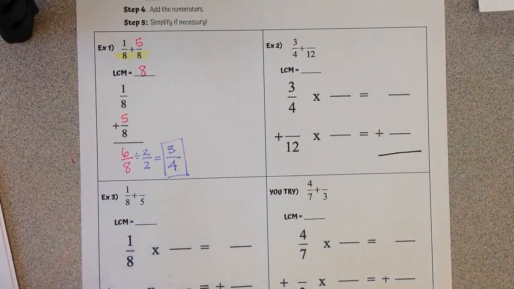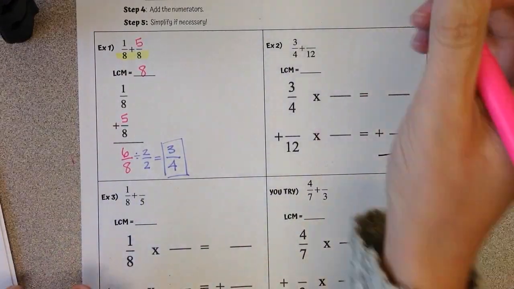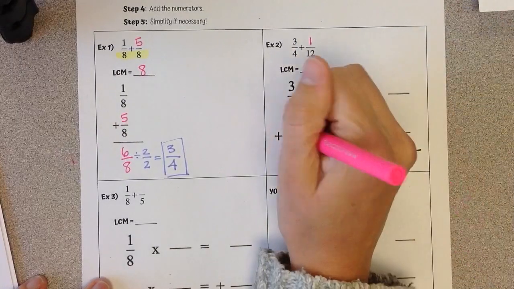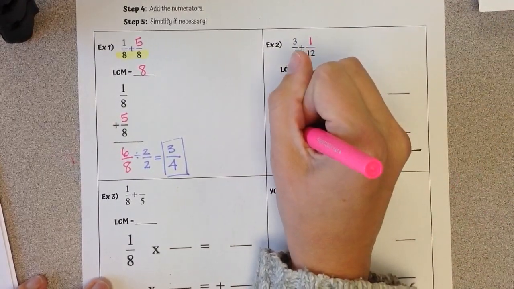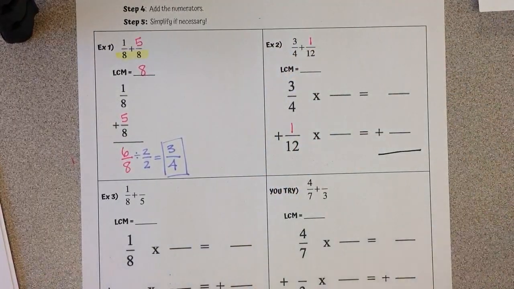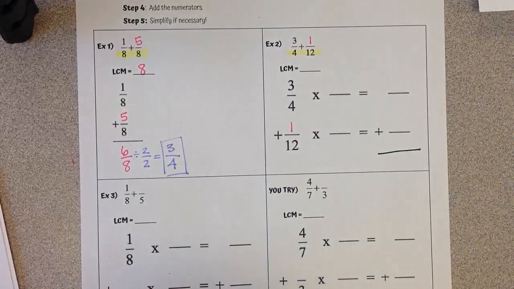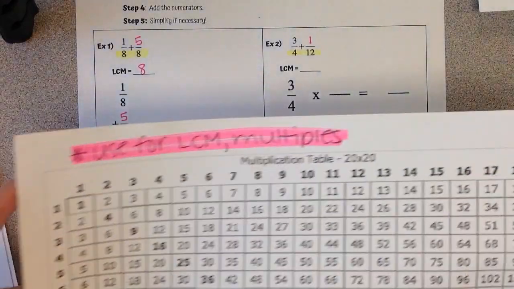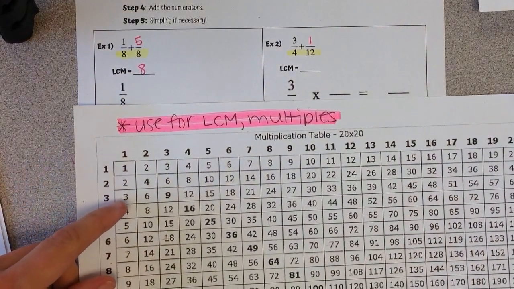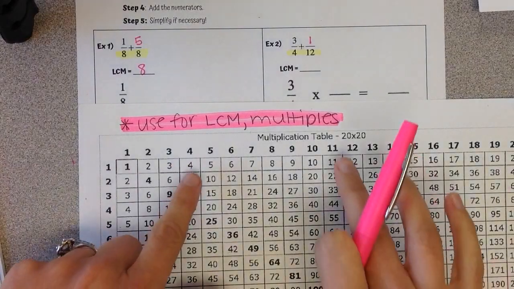Okay, number 2, we've got 3/4 plus 1/12. So I'm putting the 1 down here. Again, we are looking for the least common multiple of our denominator. So 4 and 12, least common multiple. You're using your multiplication chart, looking for the least common multiples of 4 and 12.